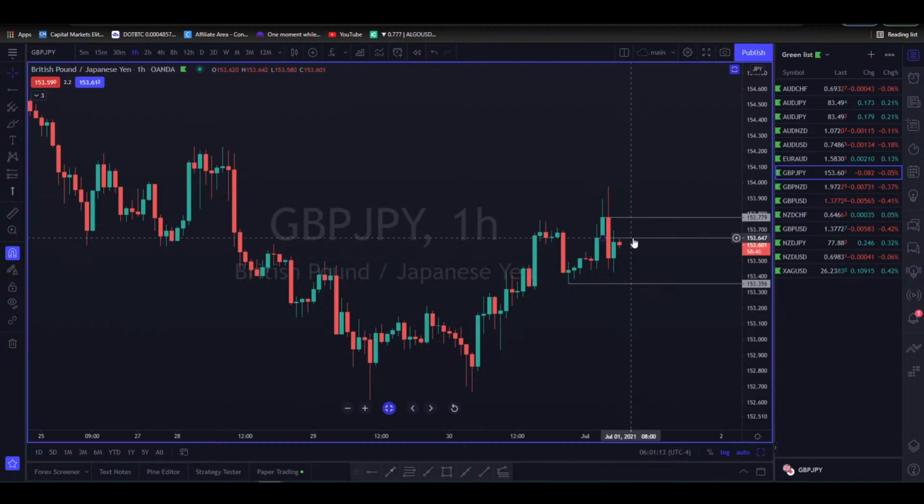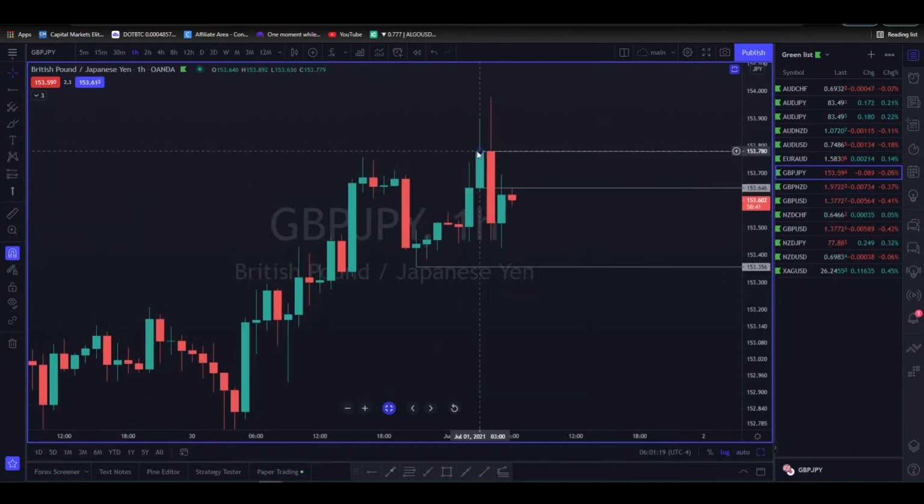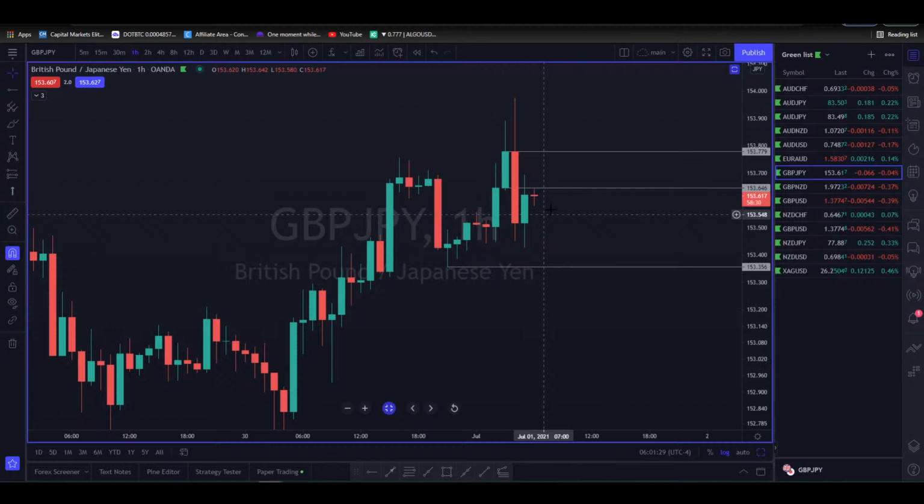Just be on the safe side. I said you're definitely not looking for shorts if you get above 153.779. Just play it safe. If you get an hourly closure above 153.646, you're not looking for shorts anymore. As long as it's unable to close above that, then yeah, in my opinion, you can look for downside setups targeting 153.356. This down here.